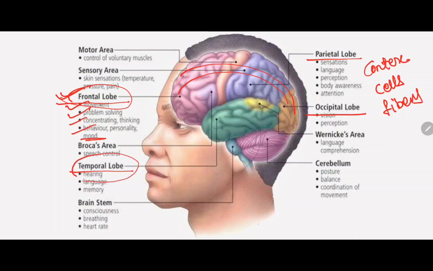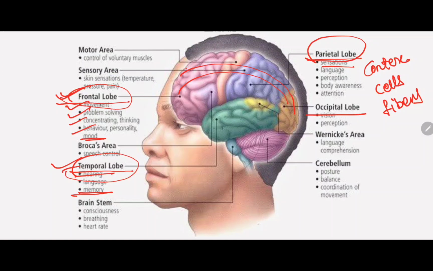Now, the temporal lobe. This temporal lobe helps process your hearing and other senses and helps with language and reading. It also controls hearing and memory. The parietal lobe is involved with your senses, attention and language. It also controls sensations like heat and cold, and language, meaning how many languages you have learned.